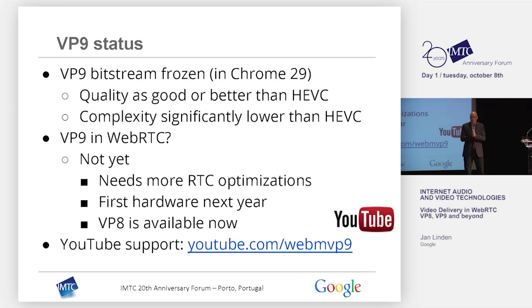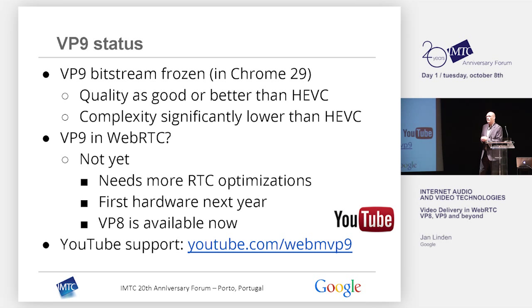So again, VP9, is that ready for WebRTC? Not yet. It needs more real-time communication optimization. Hardware, obviously, since we just froze the bitstream, will take a little while. But already next year, there is scheduled, and there has already been the first step taken by some major SoC manufacturers, to have that done for next year. And of course, we have VP8, which is an excellent codec to use for now.